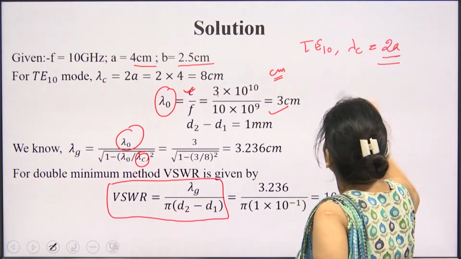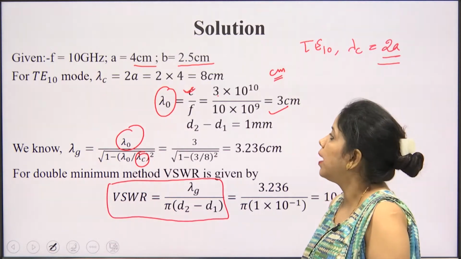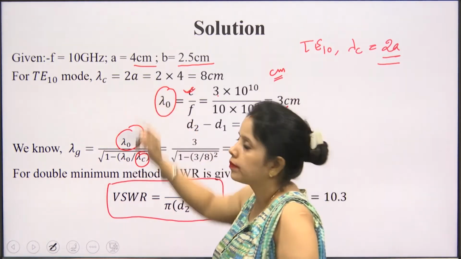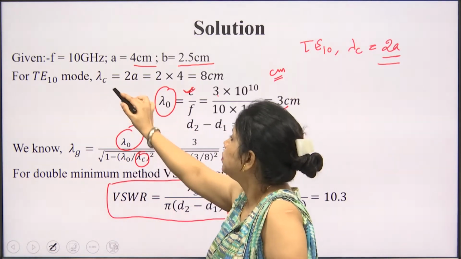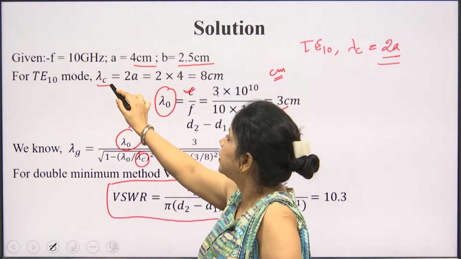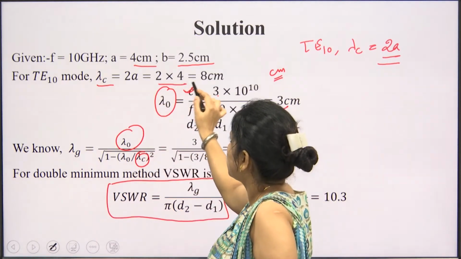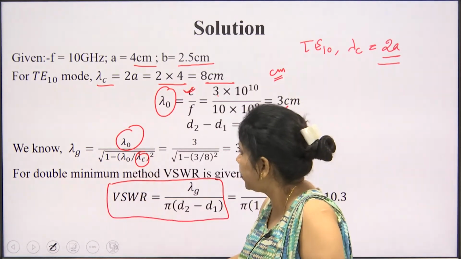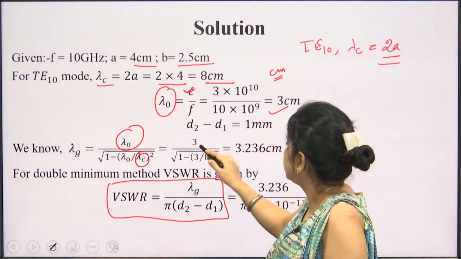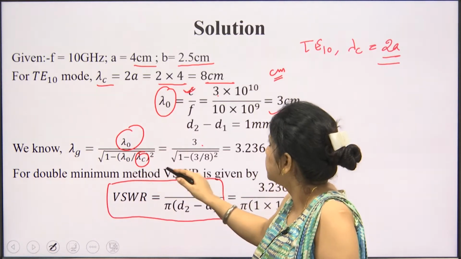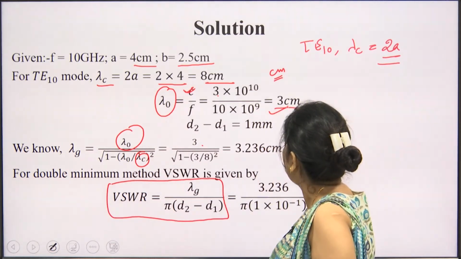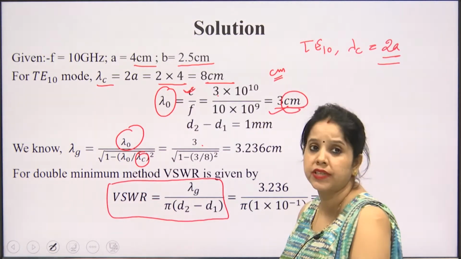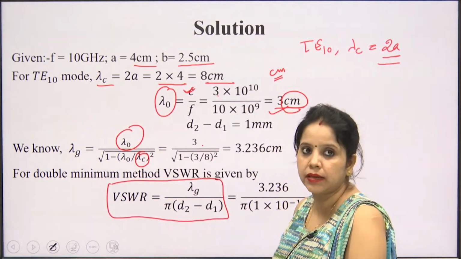This formula is already available with you. And a is known to you, that is 4 centimeter. So, lambda c is equal to 2a, which is 2 cross 4, equal to 8 centimeter. Since all the values are in terms of centimeter, we are not writing any units here.